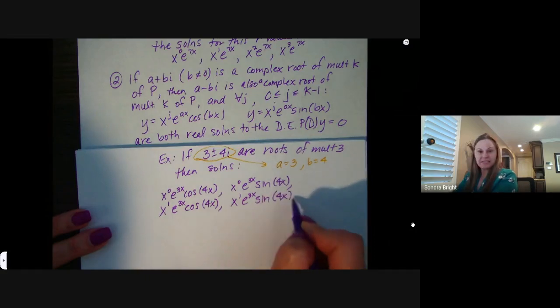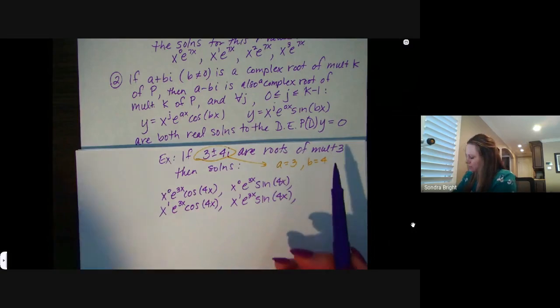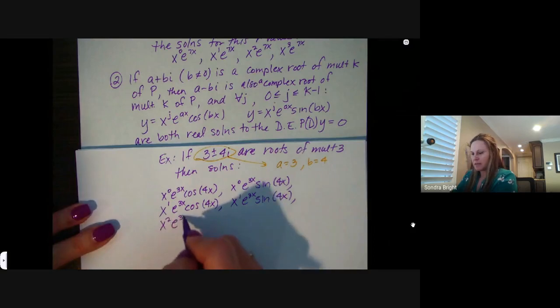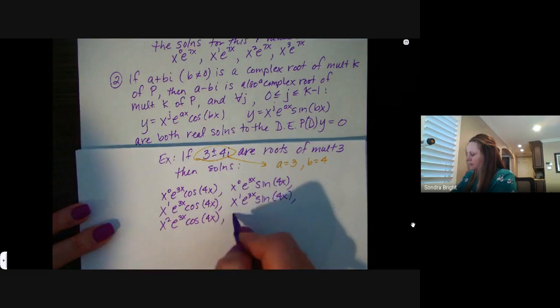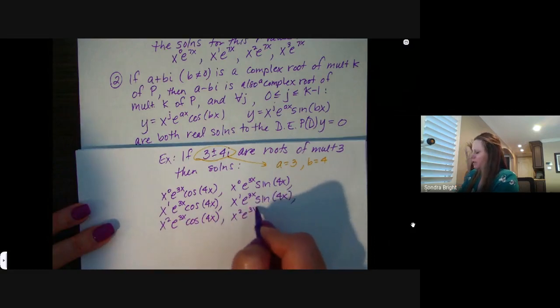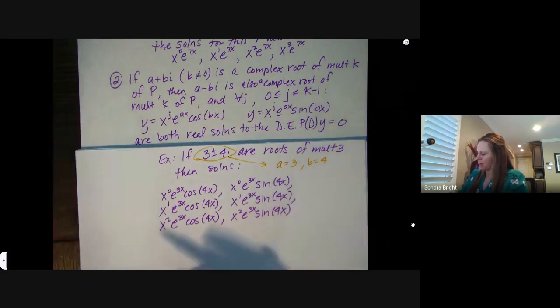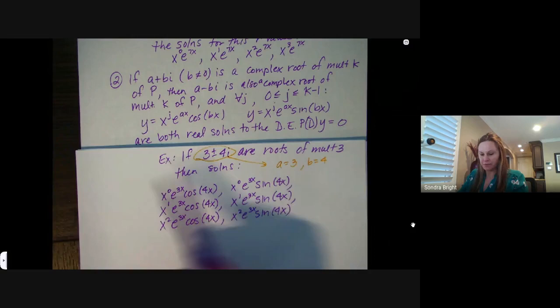And with a multiplicity of 3, you're going to use 0, 1, and 2 as the exponents on x. X squared, e to the 3x cosine of 4x, and x squared, e to the 3x times sine of 4x. Those will be the solutions if we had 3 plus or minus 4i as roots with a multiplicity of 3.